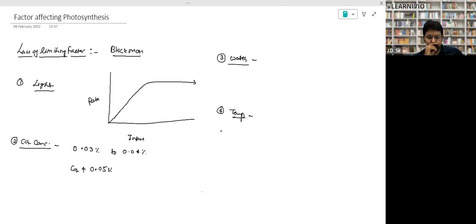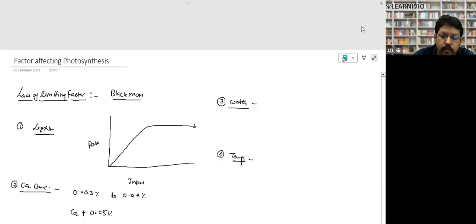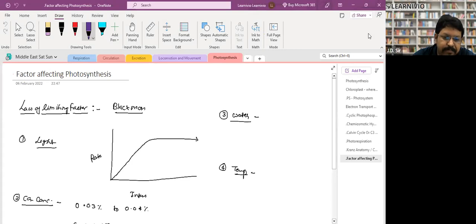Clear or in doubt? Please have a glance at your NCERT. Go through it. Okay, so if you don't have any doubt, then we'll move to the next chapter.